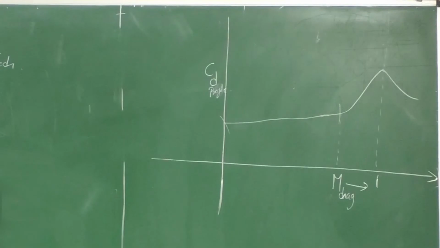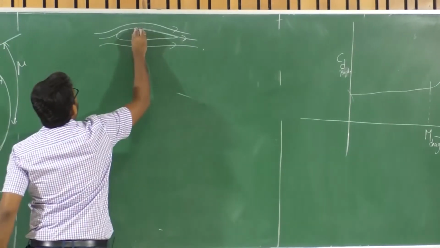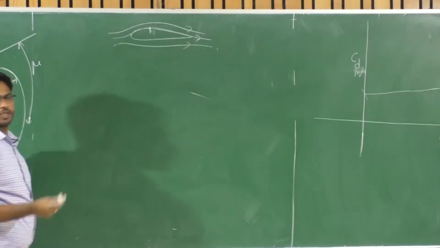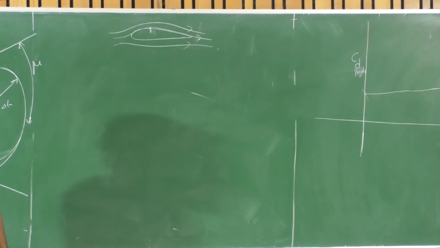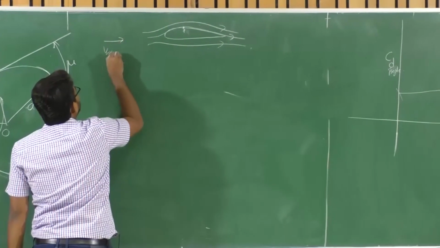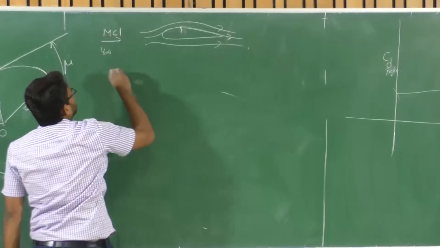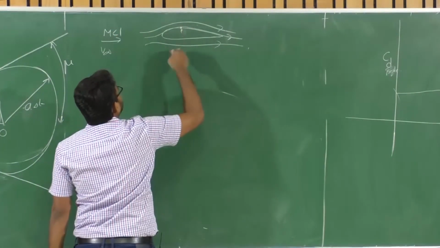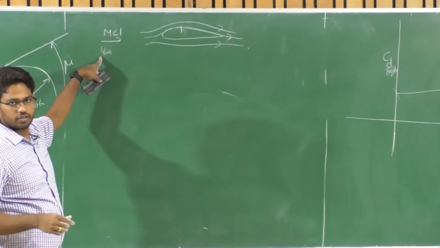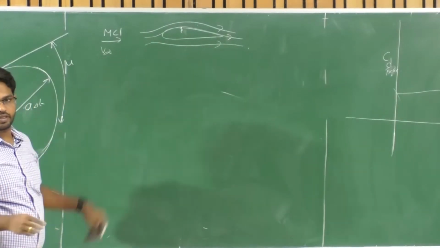So when you look at subsonic speeds, what happens? Consider a point P here, a local point, or say the minimum pressure point on the airfoil. If the free stream velocity is less than 1, then on the surface it will definitely increase compared to the free stream velocity, isn't it? That's what we studied till now.